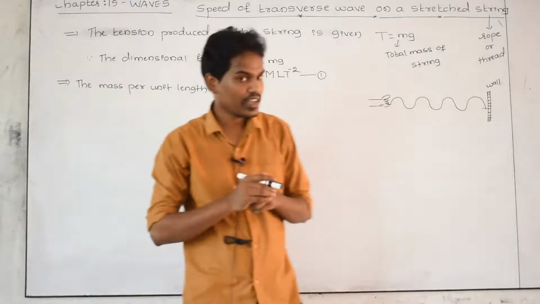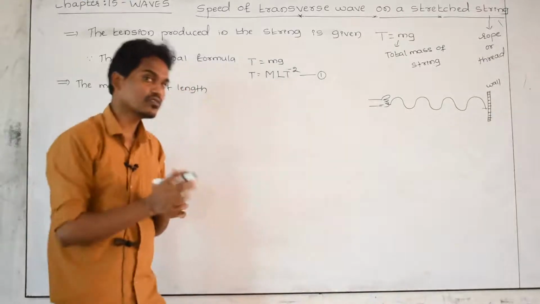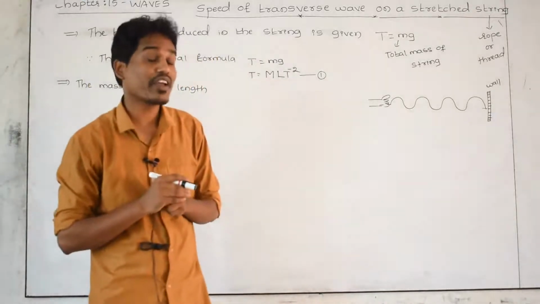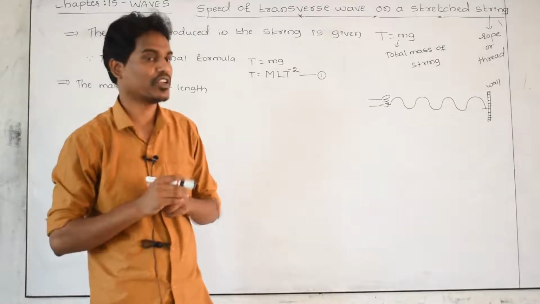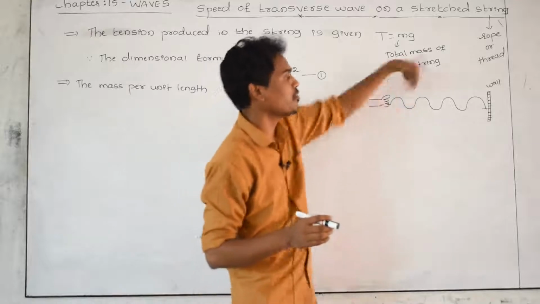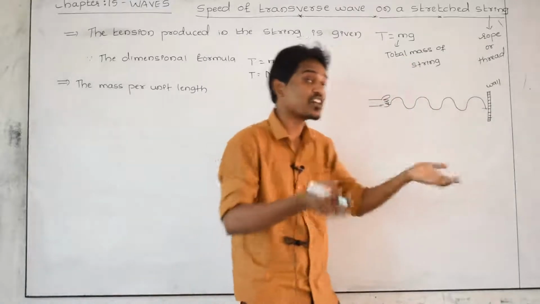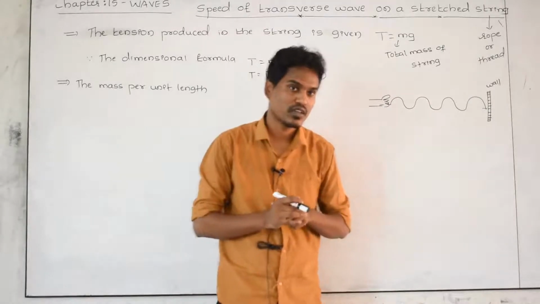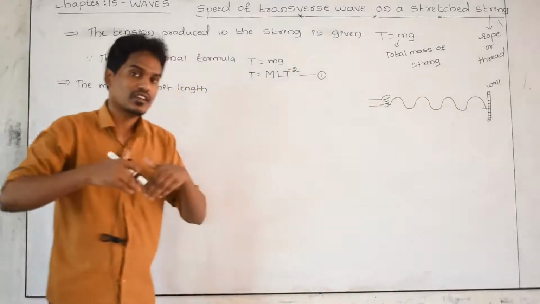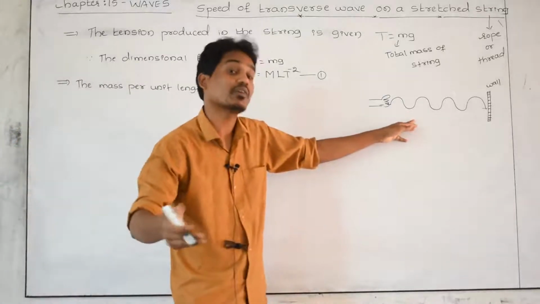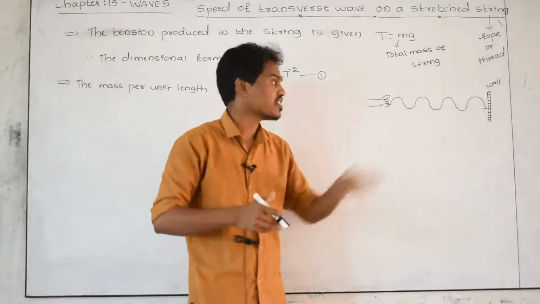When a wave moves inside a solid medium, its speed depends on the mass of that solid medium. That is what we are going to call an inertial property. The speed of the wave in the rope depends upon its mass. That mass is nothing but an inertial property. Inertia means its mass.